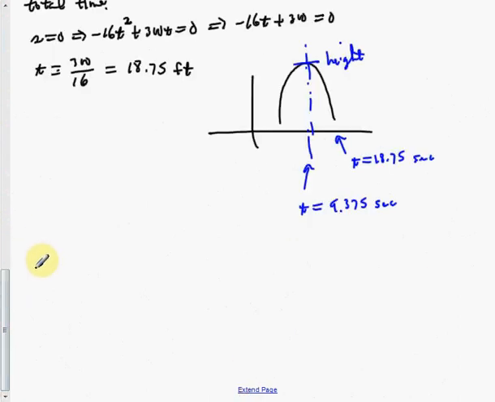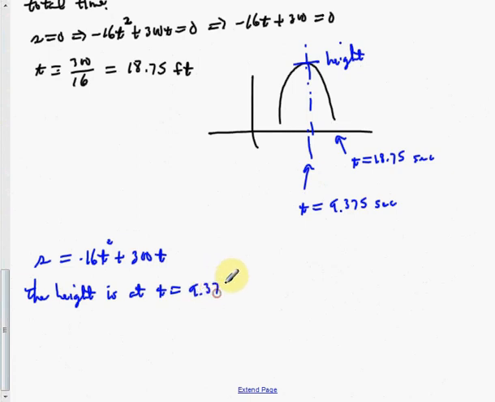So if that be the case, then I have s equal to negative 16t squared plus 300t. The height is at t equal to 9.375 seconds. So s is equal to negative 16 times 9.375 squared plus 300 times 9.375.